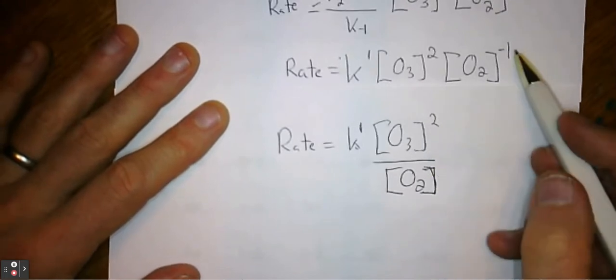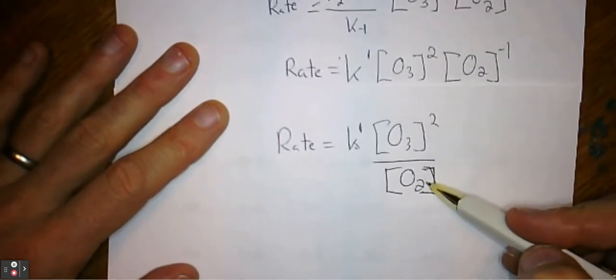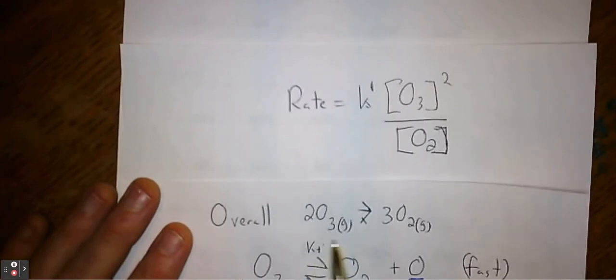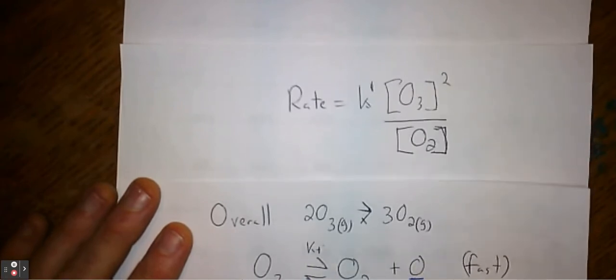Now, the fact that I've got a negative order means that in the presence of oxygen, the rate of this reaction is decreased by an order of 1. So the more O you have, the slower this reaction is going to go.